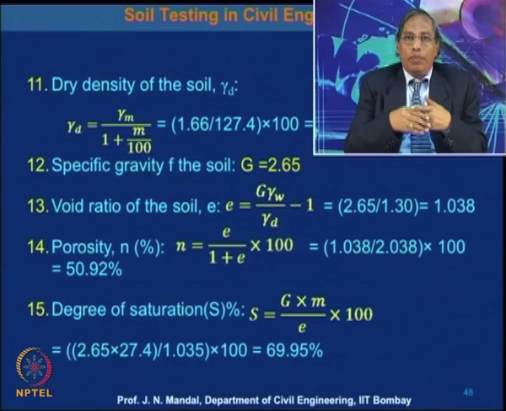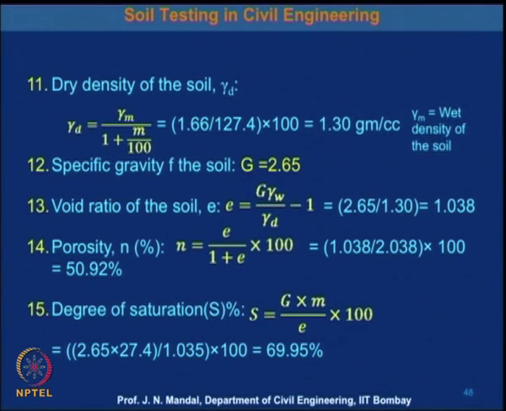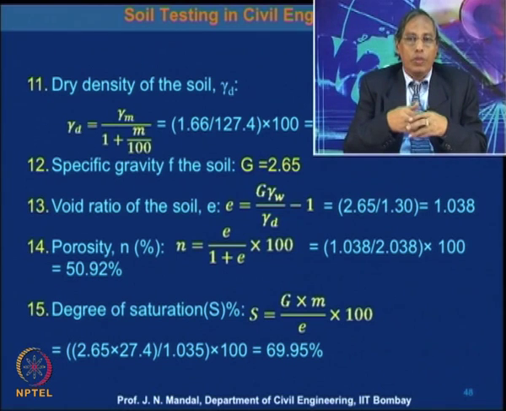Now, you can also determine the porosity of the soil, and porosity is generally designated as n and given in percentage. So, porosity has a correlation with the void ratio. That means, porosity n will be equal to e divided by 1 plus e, into 100, that is 1.038 divided by 1 plus e, which is 2.038, into 100.